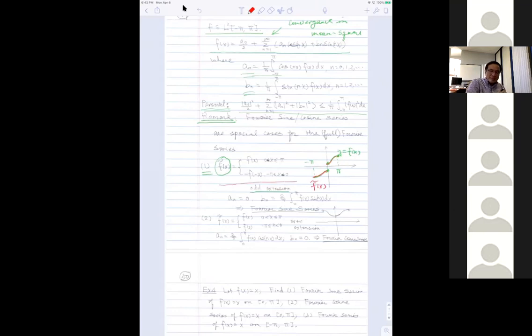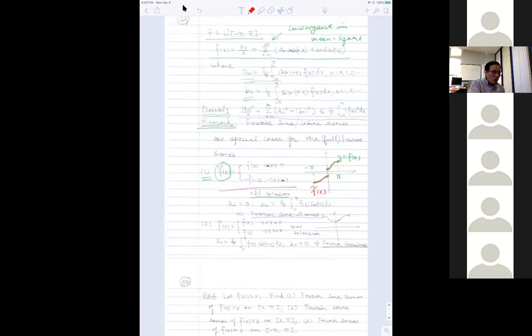Actually, we talked about this when we studied the heat equation and the wave equation on a half line, an unbounded domain. Now, if f theta is odd and we want to find the Fourier series of f theta, then we use this formula, but with f replaced by f theta.